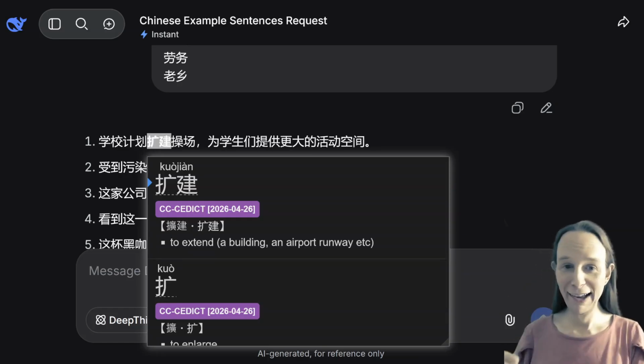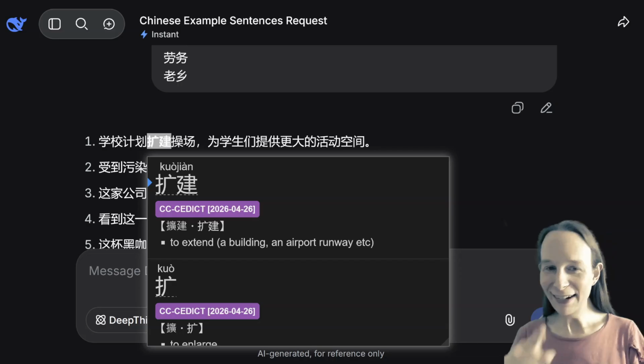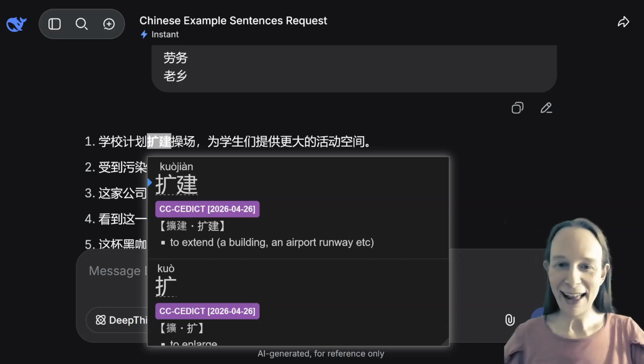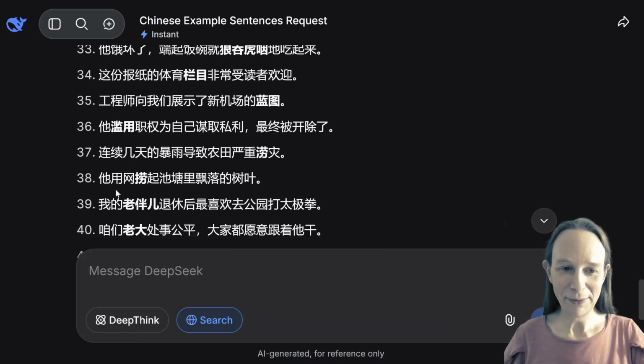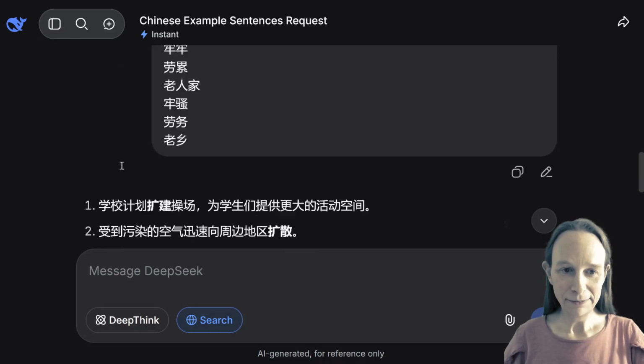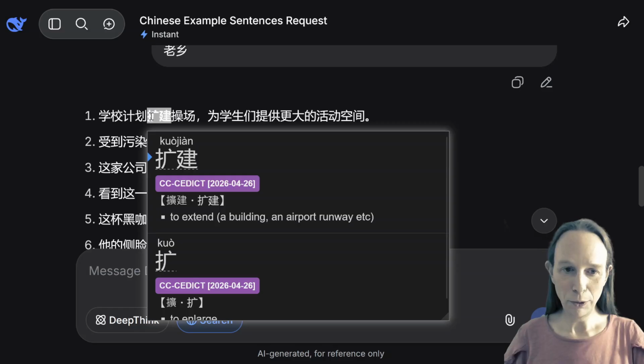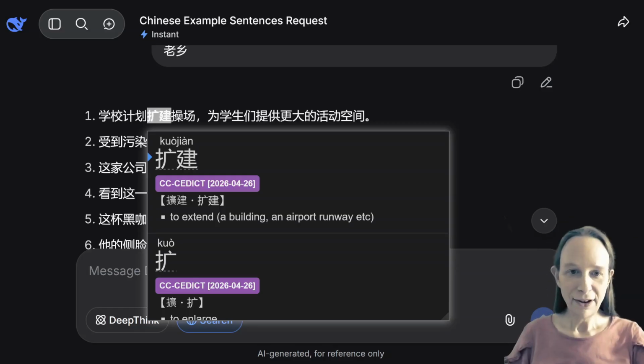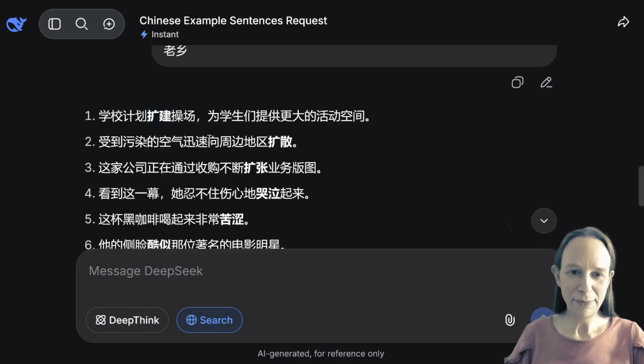I am noticing we've started on K. We haven't finished L yet. I'm doing it in reverse order, so presumably we'll finish L somewhere here. Anyway, 扩建. Right, not in the dictionary, but let's move on.